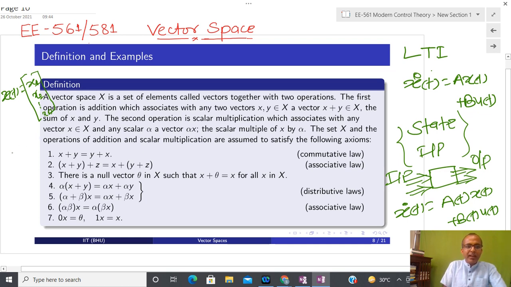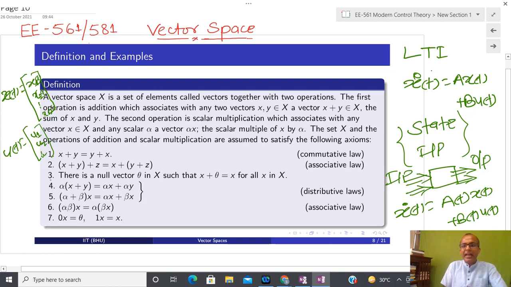Similarly, if I have m number of controls, we represent them like u1, u2 up to um. I am assuming that control and state are changing with respect to time, so t is implicit everywhere.